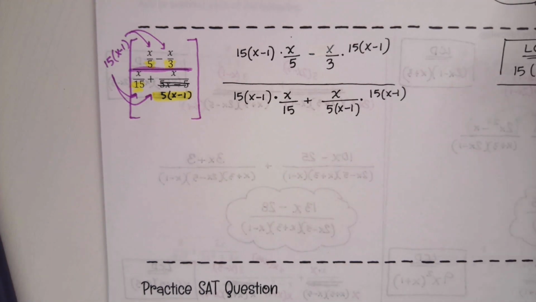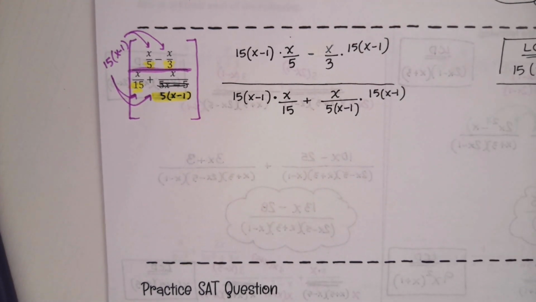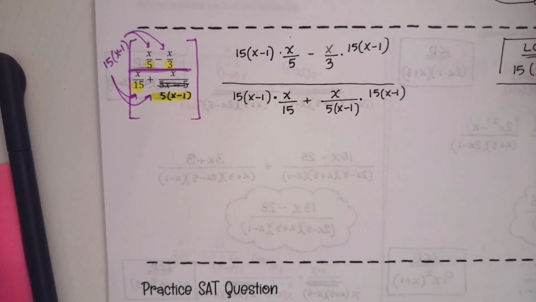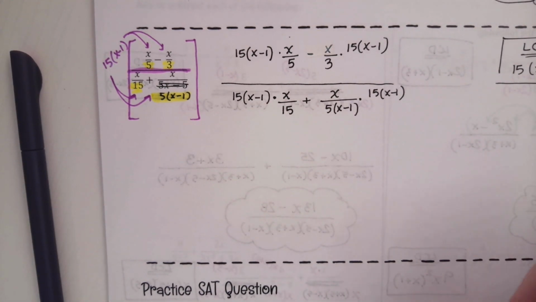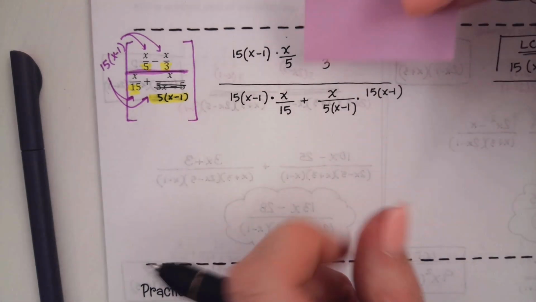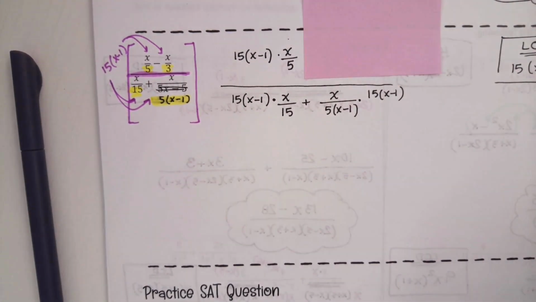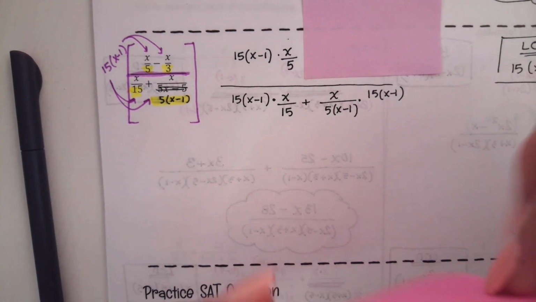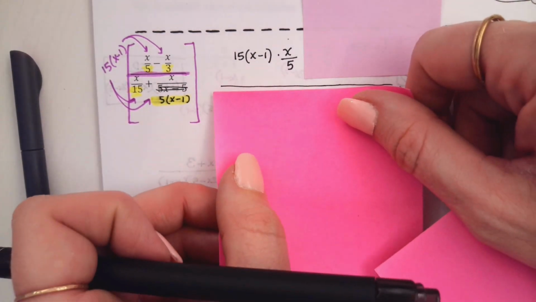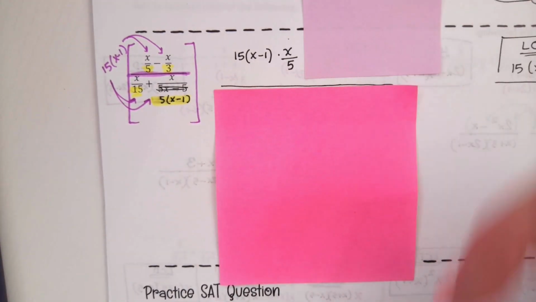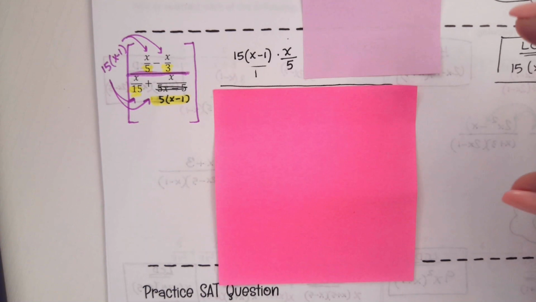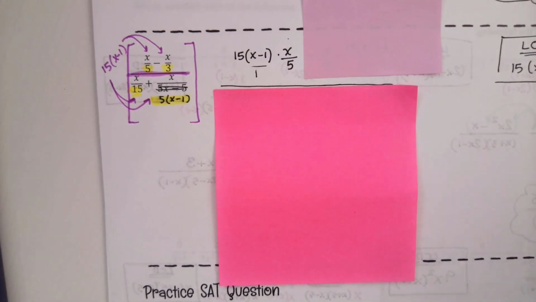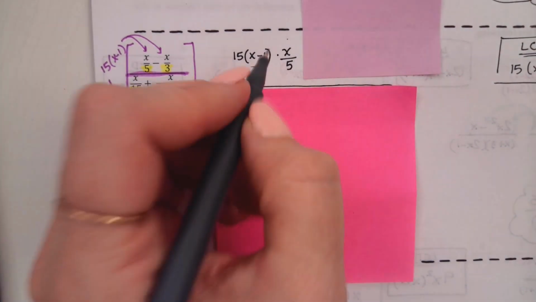Again, to not get overwhelmed, I literally cover up part of it. So I'm going to hide part of the numerator, and I'm going to hide the whole denominator for now. I don't want to even think about it. We're just focusing in on that 15 times x minus 1 times x. The 15 and the 5 can simplify, because both of those you can divide by 5.